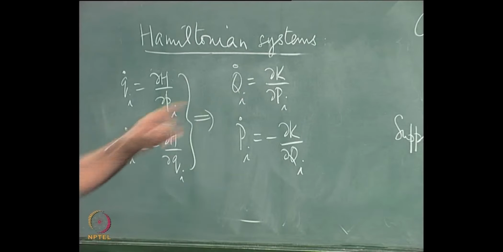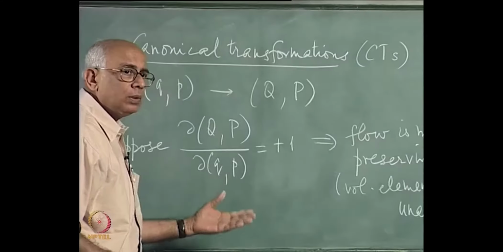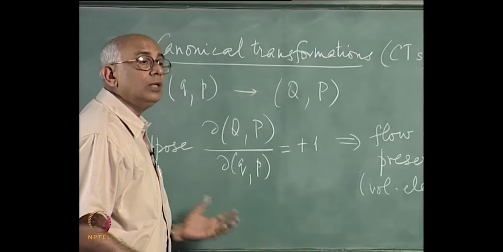So canonical transformations leave the structure of Hamilton's equations unchanged. In other words, it takes a Hamiltonian flow to another Hamiltonian flow in the new variables.